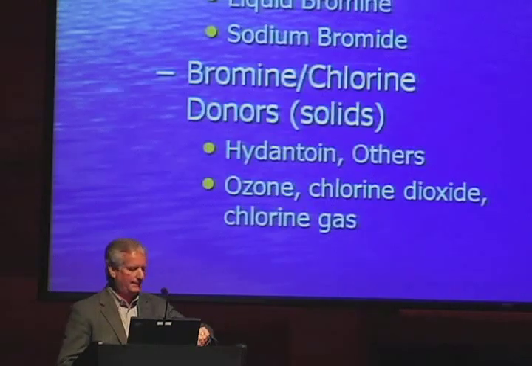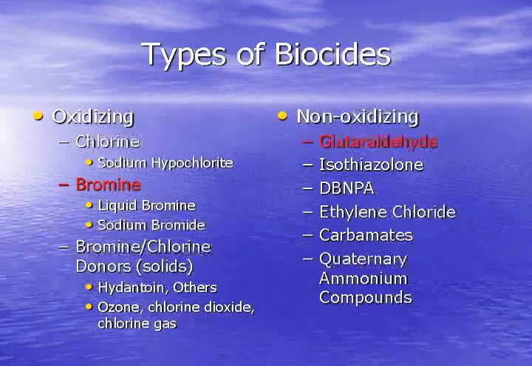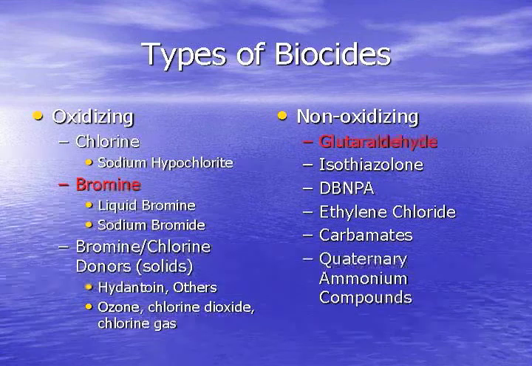Okay, so types of biocides. There are basically two types: oxidizing and non-oxidizing biocides. Oxidizing biocides you're probably familiar with. These are chlorine or bromine. Most municipal plants use chlorine for disinfection of their water supply systems. Chlorine is used in pools and spas, even though spas should probably use bromine. They are basically oxidizing biocides, and there's sodium hypochlorite, which is bleach.